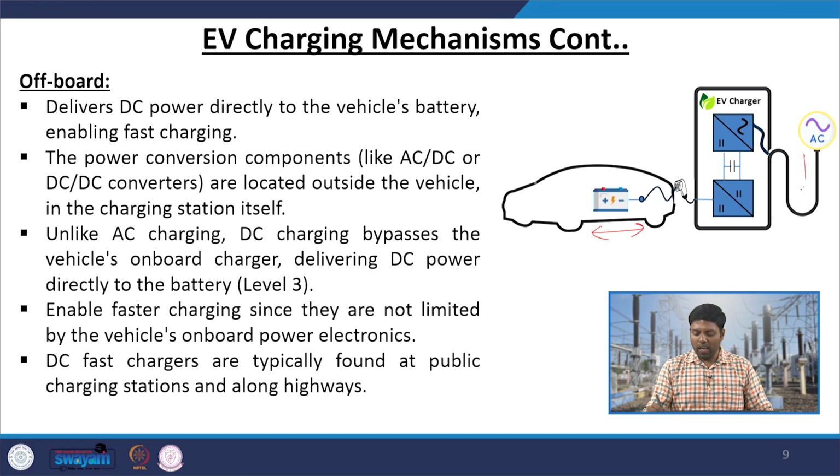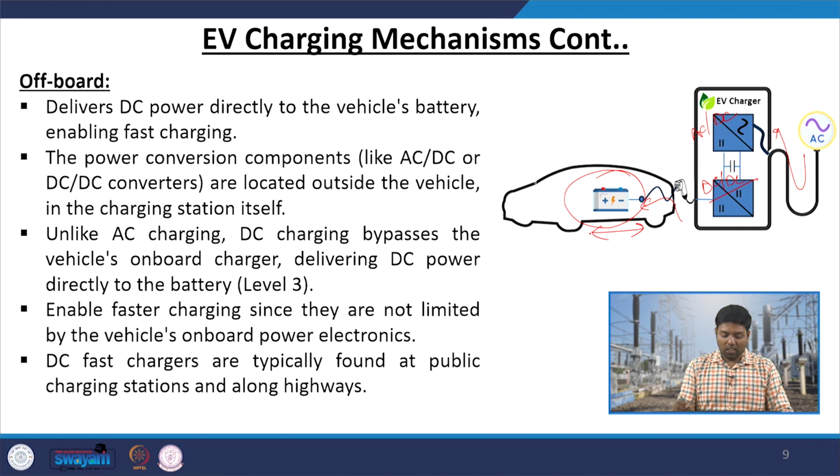So, you take the AC supply to the charger, convert it from AC to DC, and then you use a DC-DC buck converter or boost converter depending upon the voltage level of the electric vehicle battery, and then give the supply directly to the battery. You do not need any power conversion inside the battery level.